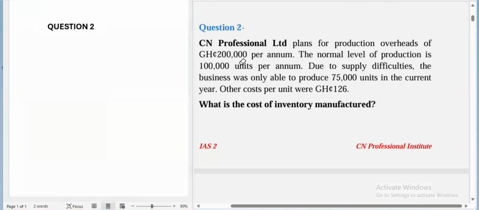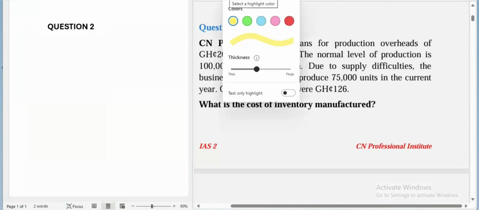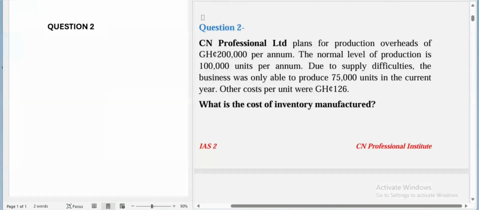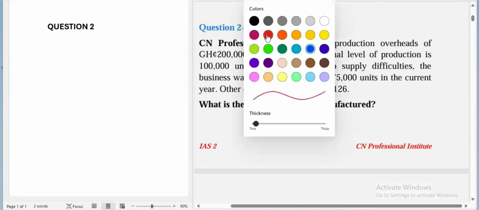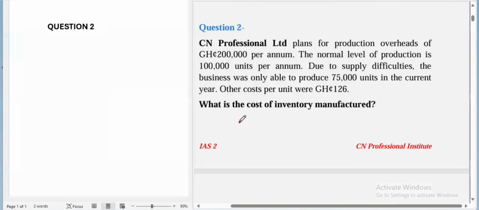It says CN Professional Limited plans for production overhead of 200,000 per annum. So let's start highlighting the key things. We are told that CN Limited plans for production overheads of 200,000 cedis per annum.